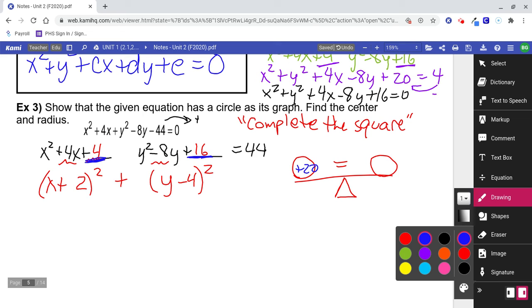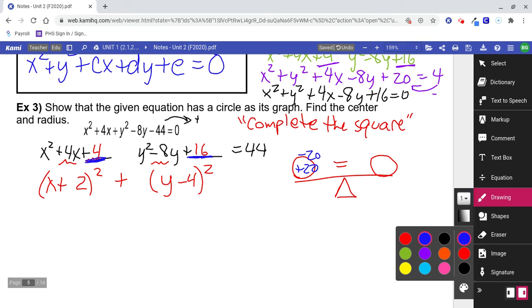So you've got to take care of that in one of 2 ways. Either you can balance the equation by adding 20 to the other side, or you can subtract 20 from the left side. Either way, it's the same thing. You're trying to balance the equation. Does that make sense? What I like to do, I think this will help you later.